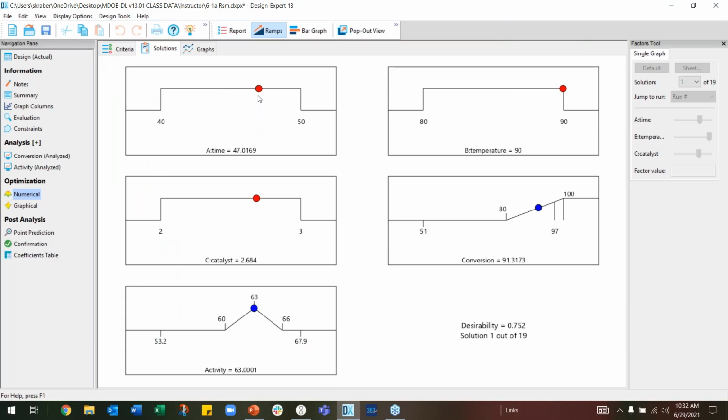And we can see that if we set time to about 47 minutes, temperature to 90, and catalyst to about 2.7, so it's 2.68, somewhere in there, then we should get a conversion of 91 and activity right at 63.